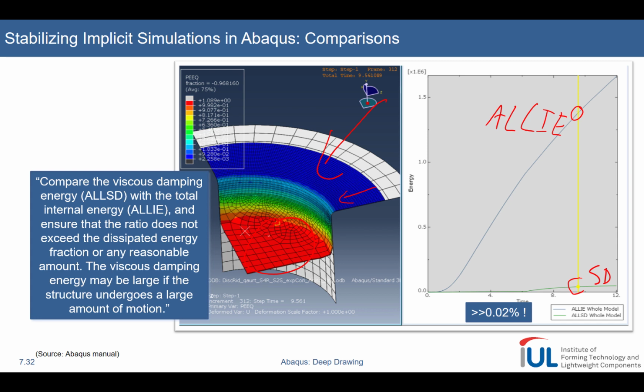It shouldn't exceed a certain fraction. Now, when we do this advanced stabilization stuff, we have to do the same thing for implicit simulations as well. And checking your viscous damping energy is the most important thing when you activate step stabilization.